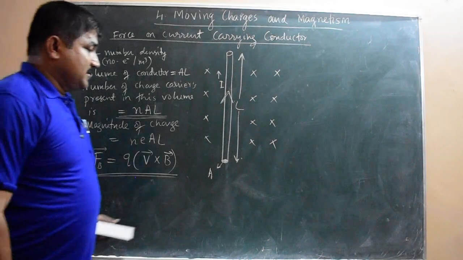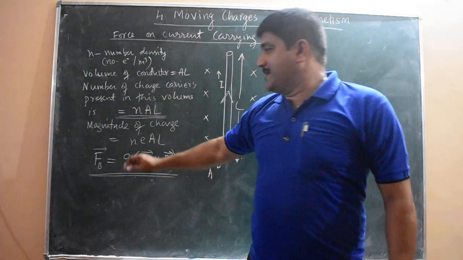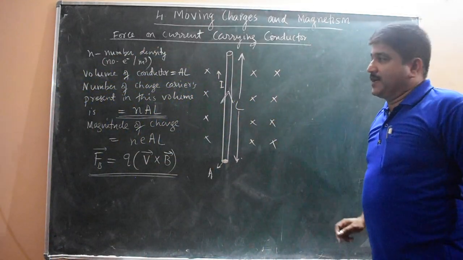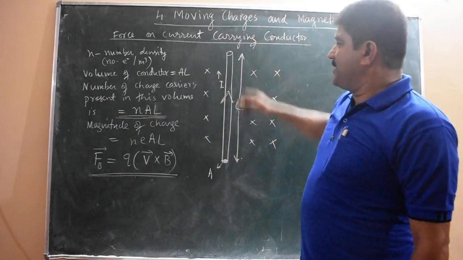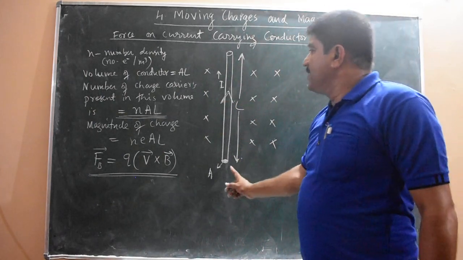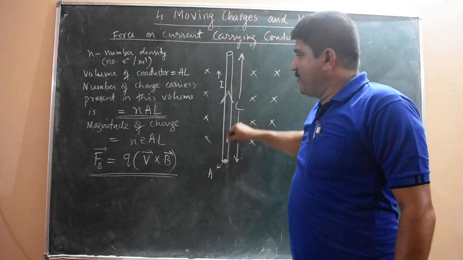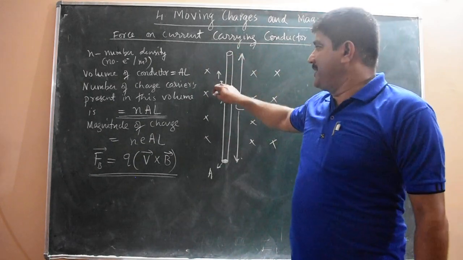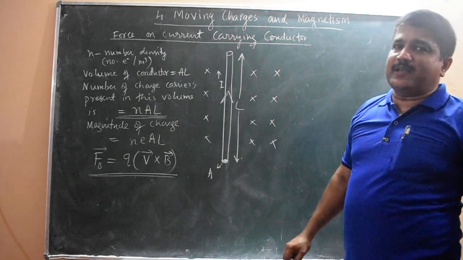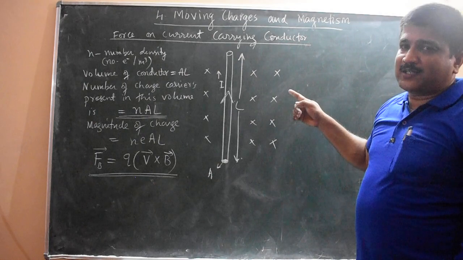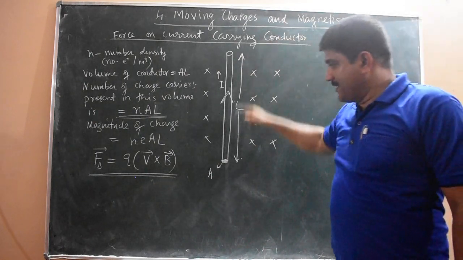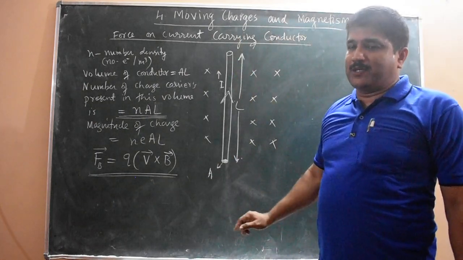There are so many current carriers, that is electrons, moving in the conductor to set up a current I. Electrons are drifting opposite to the current direction. Conventional current is taken opposite to the direction of electron flow. Electron flow, say downward, current is taken upward.